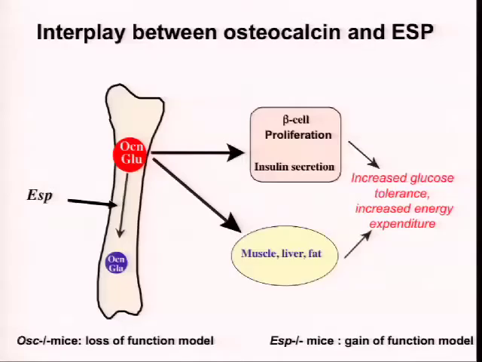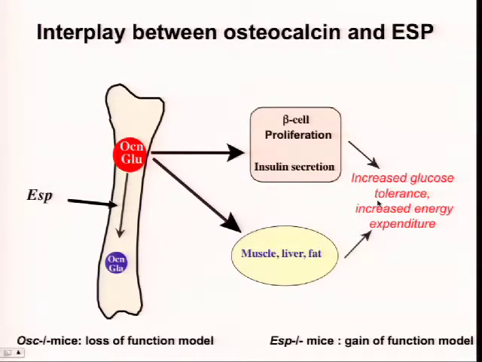So in a cartoon, and taking glucose metabolism as a tool, osteocalcin, when it is uncarboxylated, is a hormone that acts on beta cell to increase proliferation and insulin production, and on muscle, liver, and fat to increase insulin sensitivity. And the result is to improve glucose handling.